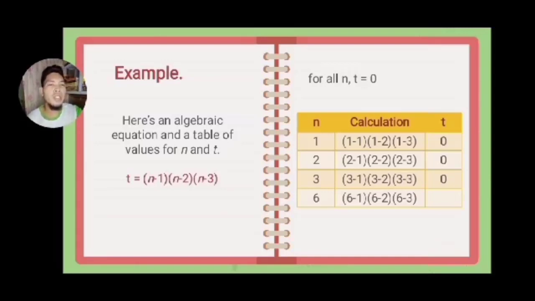So 5 times 4 is equal to 20, and 20 times 3 is equal to 60. So by this counterexample that we used, we prove that the conjecture mentioned above is false. So, the conjecture here is false.